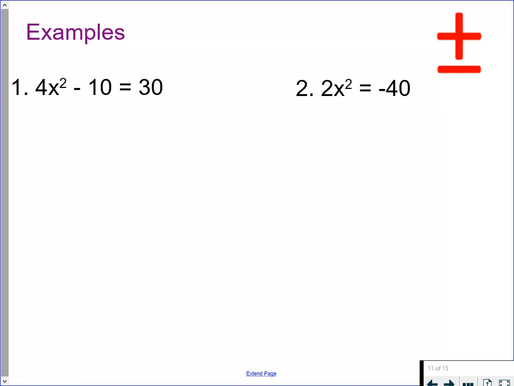Okay, someone new that hasn't walked me through a problem. How do I do number one?